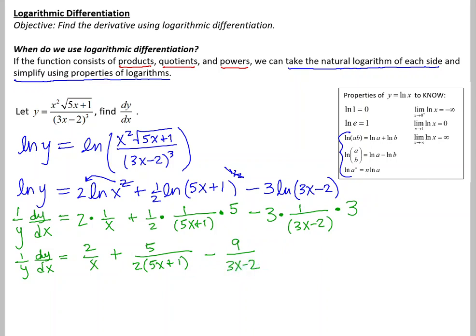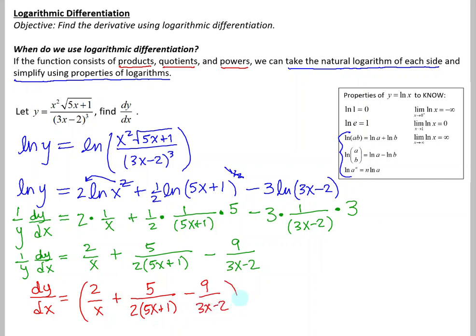Remember, my goal is to find dy/dx. I have dy/dx, but I need it to be by itself. So finally, I'll multiply by y to get rid of this 1 over y. So dy/dx equals 2 over x plus 5 over 2 times 5x plus 1 minus 9 over 3x minus 2, and all of that times y.